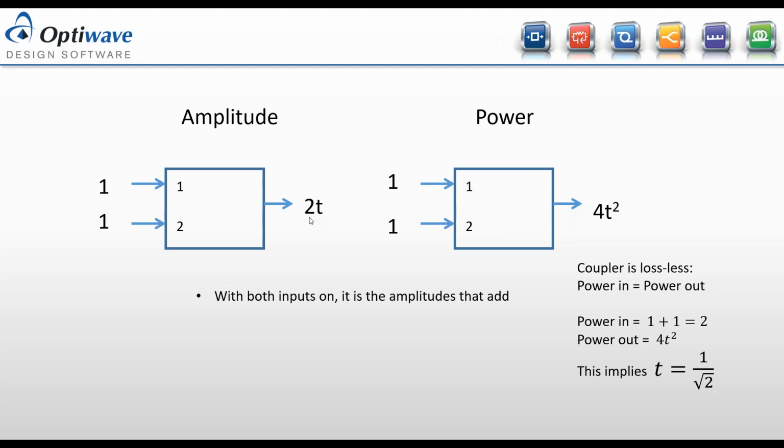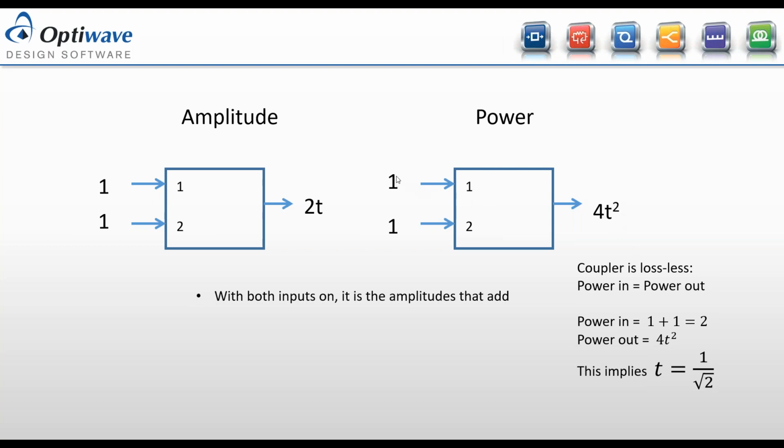If I want to find out what happens to the power, I have to take the square of this. So 1 squared is 1 and 1, and 2T squared is 4T squared. And we already know that in this configuration, our combiner is lossless.